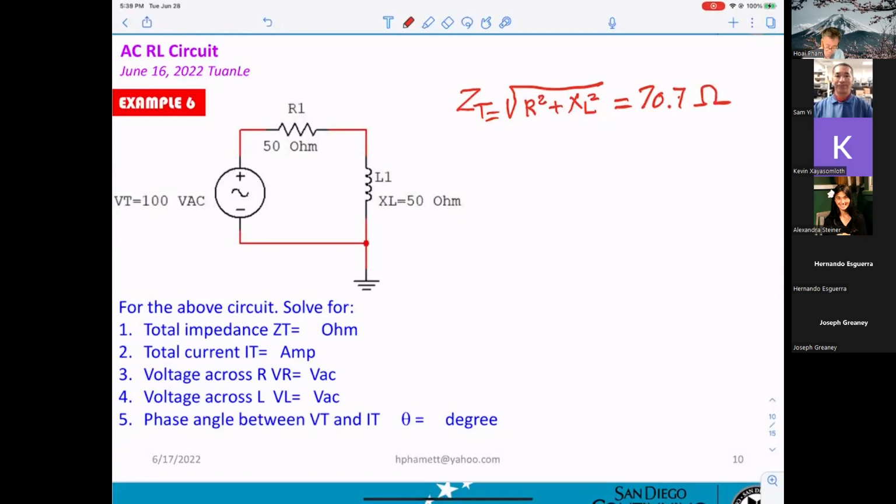I total equals V total over Z total, which is 1.41 amps, about 1.4 amp.